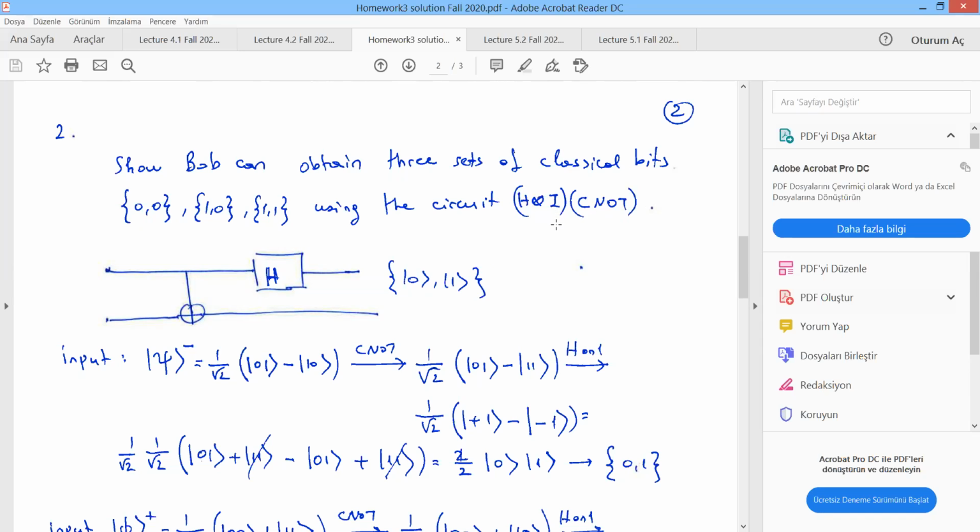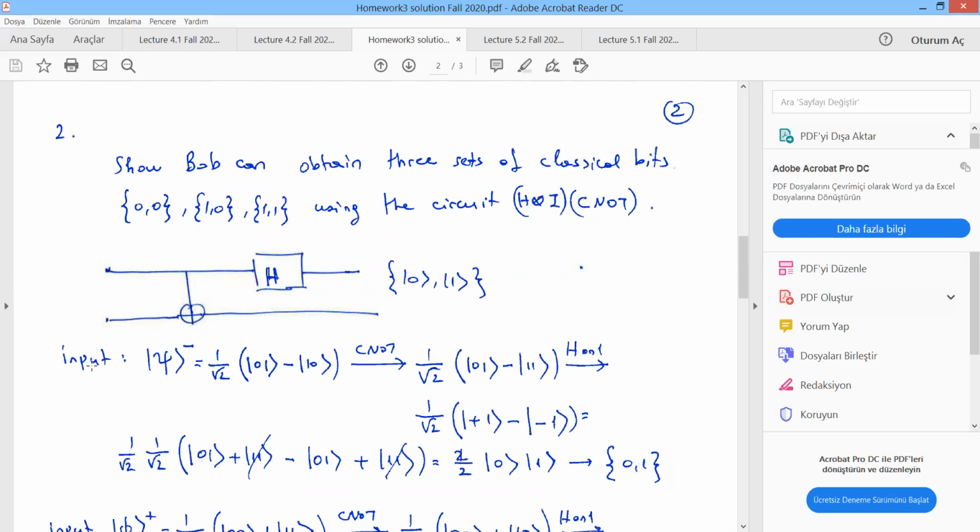H tensor I. What this notation means is that you apply the H operator, as in this case, on the first qubit, and then the identity operator on the second qubit, because on the second qubit we don't apply anything. So this is denoted by H tensor I. And C0 is, of course, a 2-qubit operator, so it's operating on both of the qubits.